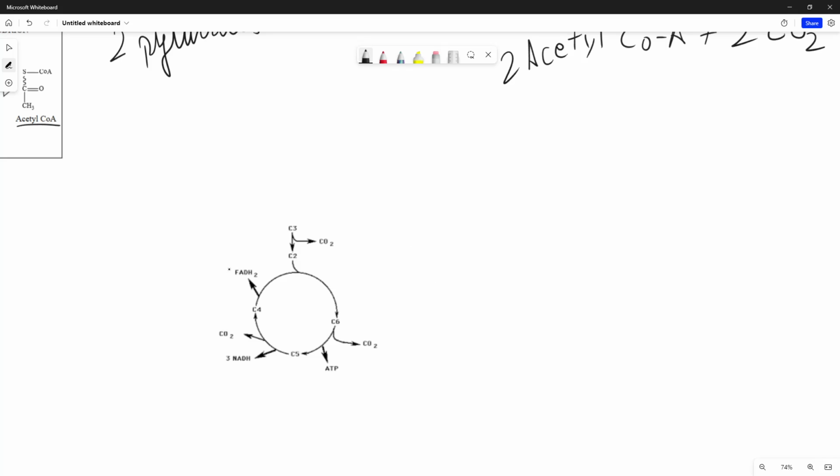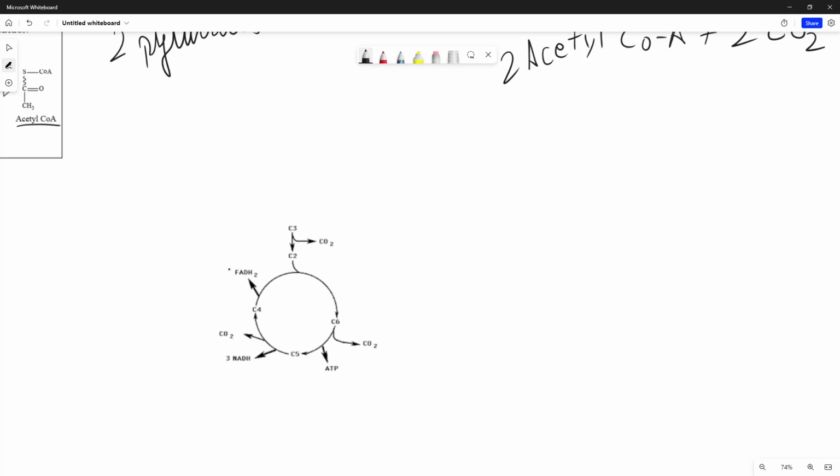But since it's a revision, I'll only go over the few important parts. The Krebs cycle is needed to make more NADH and FADH2, which are basically electron carriers, and some ATP. And this is important in the next step, which is oxidative phosphorylation. I know the word sounds big, but it'll get easier.